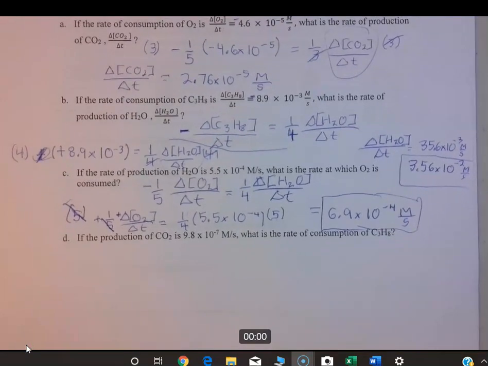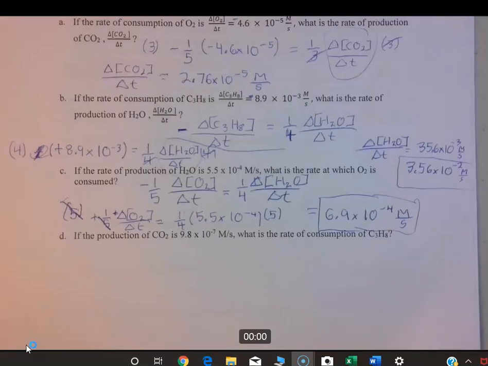Okay, one last one. If the production of CO2 is 9.8, what is the rate of consumption of C3H8?